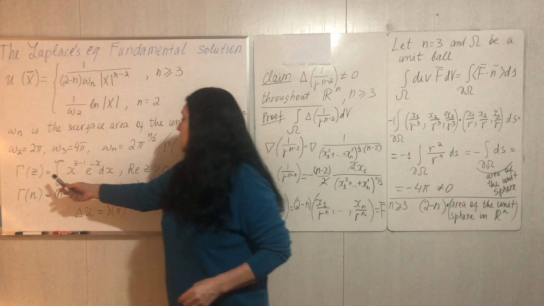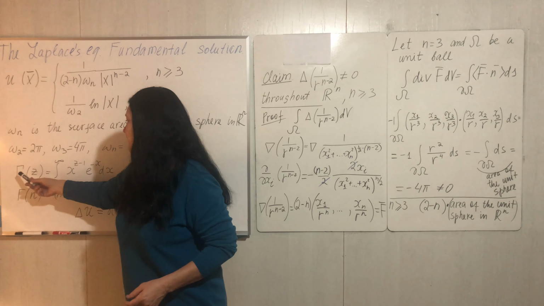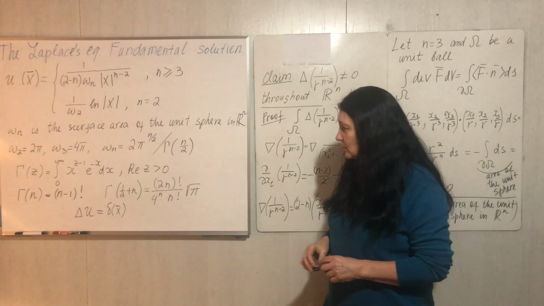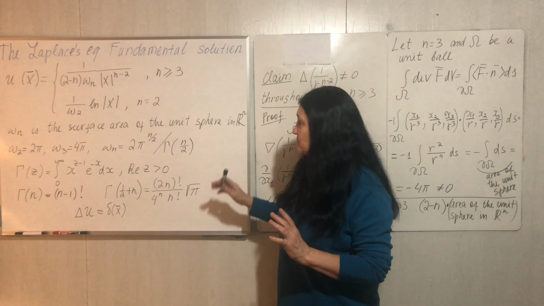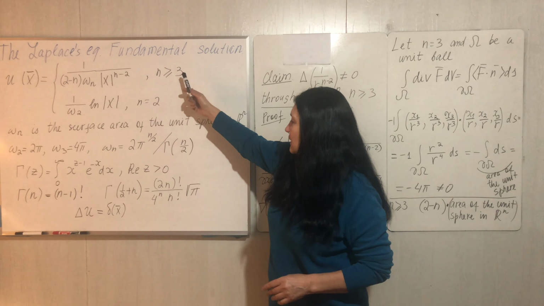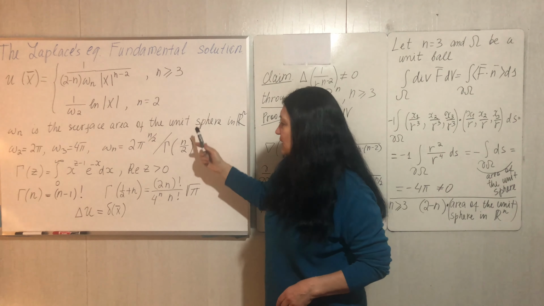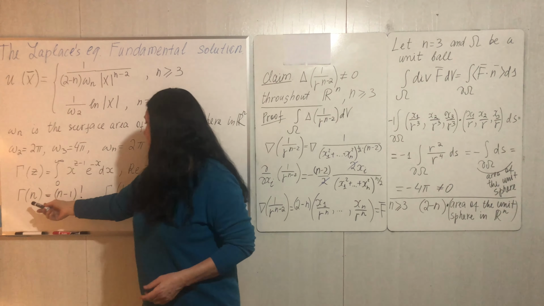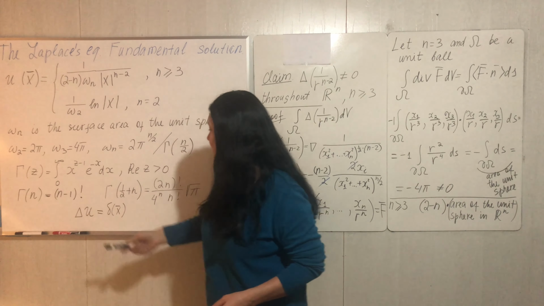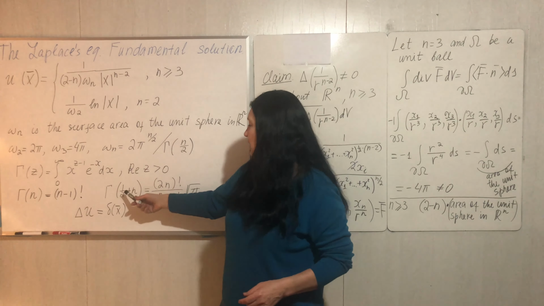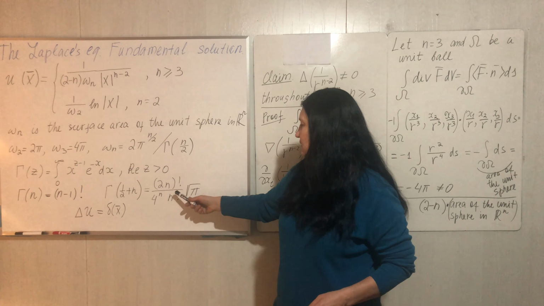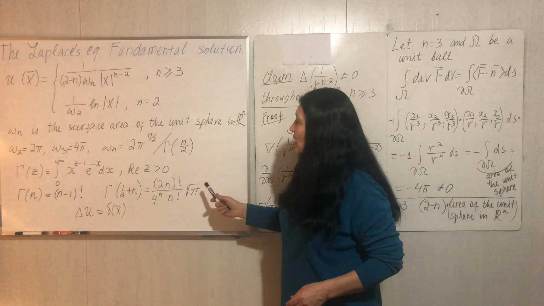It can be defined using this formula, but specifically we will need just positive integer n, and the formulas we will need are just gamma at n equals (n minus 1) factorial, and gamma at 1/2 plus n equals (2n) factorial over 4 to the n, n factorial, square root of pi.